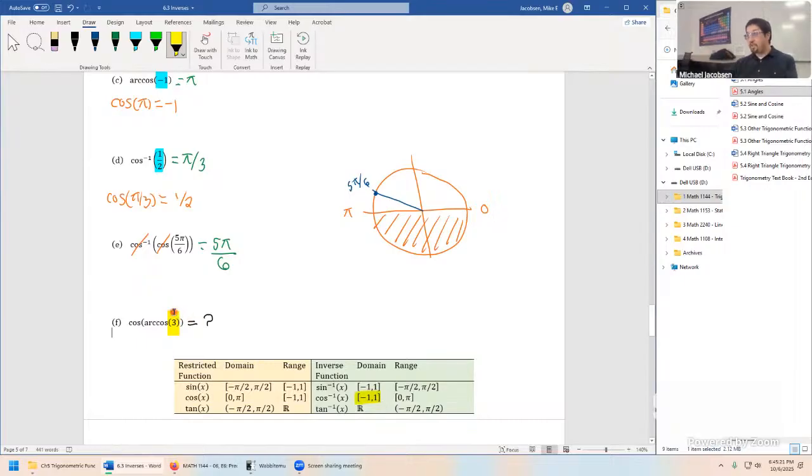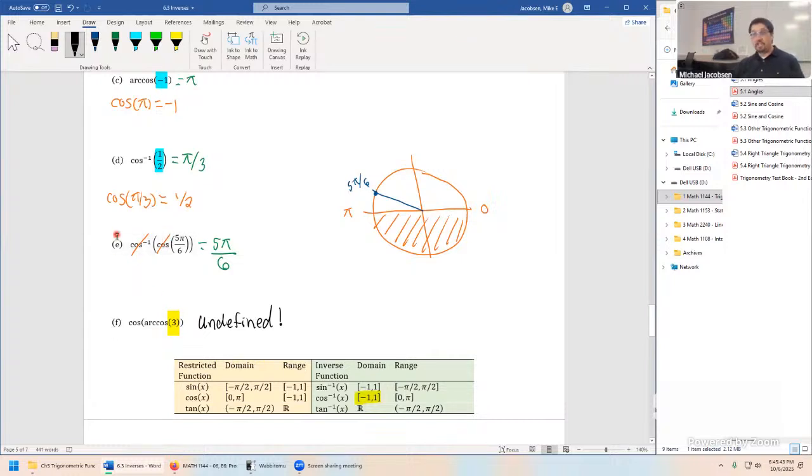The maximum value you can put here is just a +1. So this, just as it stands on paper, is undefined. No cancellation law whatsoever on this one because arc cosine of 3 didn't have any meaning in the very first place. And that's exactly what we were doing up here.